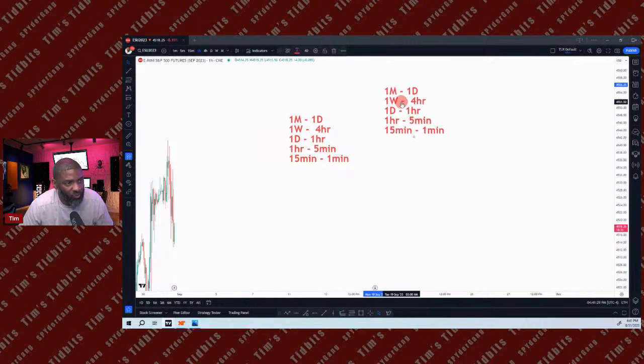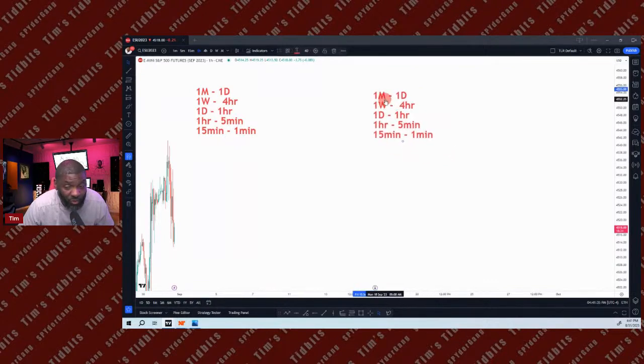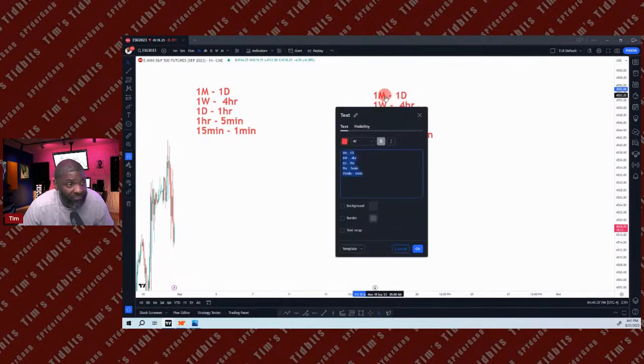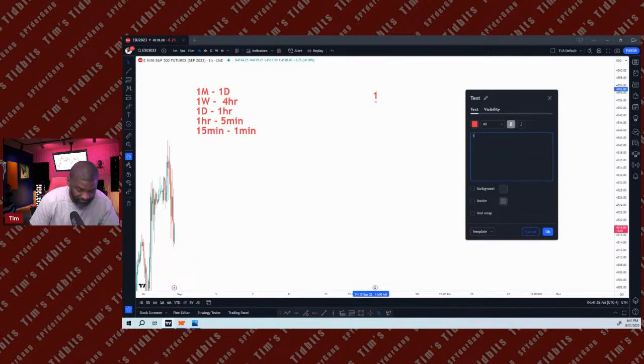Somebody put it in the chat who's paying attention. It's called the 2 level down scalp, 2 time frame down scalp. Who can tell me what time frame would be the higher time frame if the 15-second is the entry time frame? Okay. 1, right?